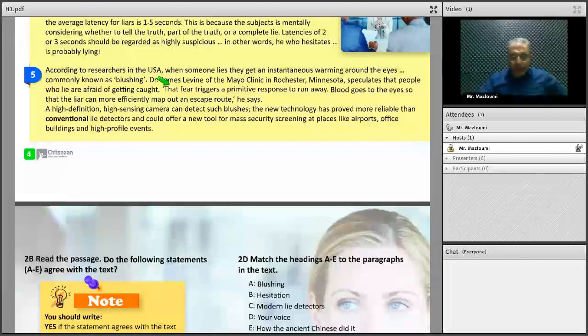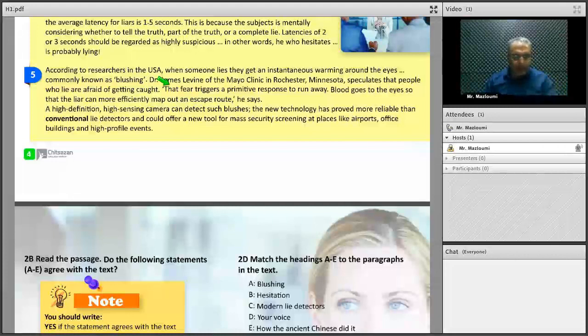Blood goes to the eyes. So when someone lies and when they are afraid of getting caught, what happens? Blood goes to the eyes so that the liar can more efficiently map out an escape route, he says.